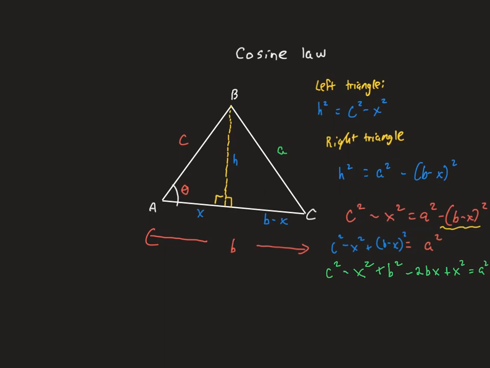Okay. Now you want to collect your like terms. So c squared, there are no other like terms, so I'm going to leave that alone. So you have c squared plus b squared minus 2bx is equal to a squared.